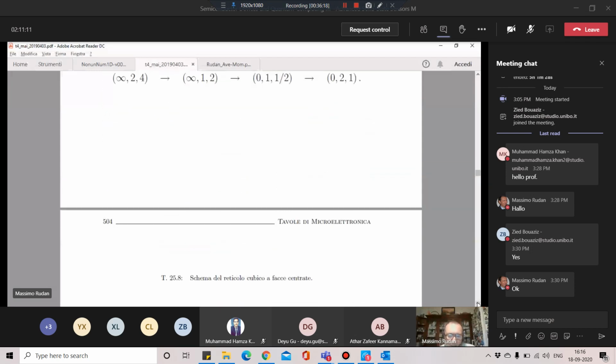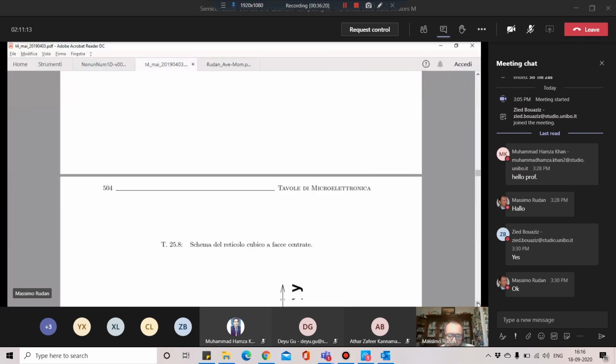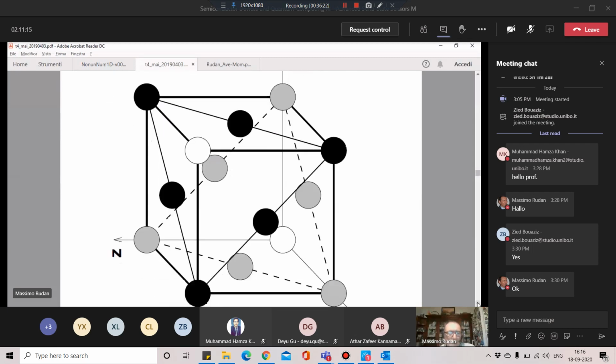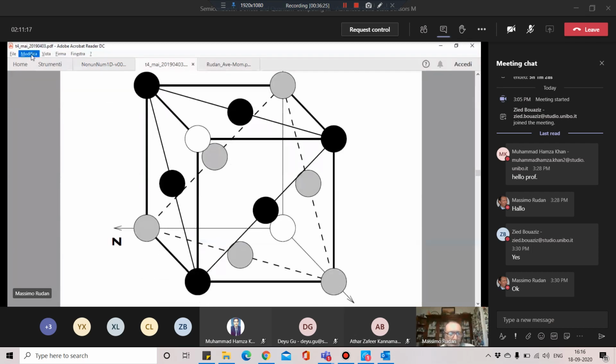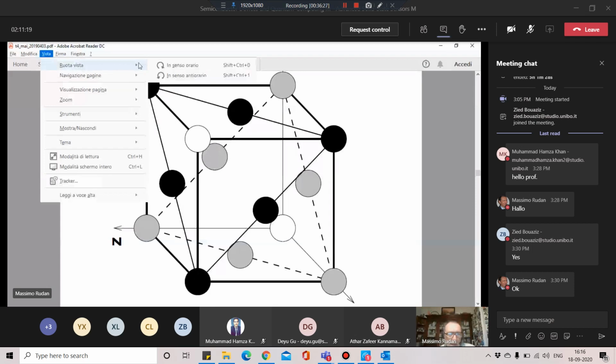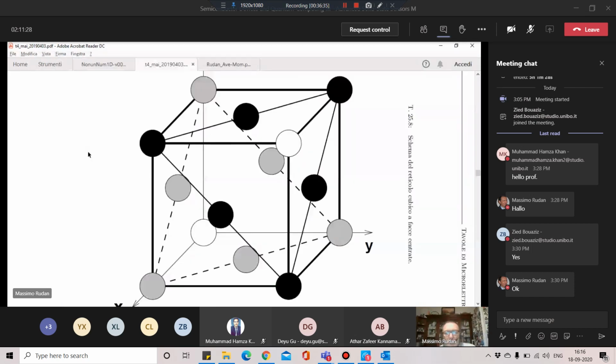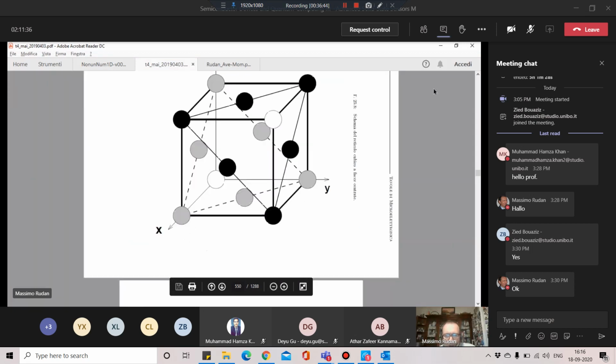Now we have to investigate a more realistic type of crystal. The question is, how is silicon made? So we consider this example. It is not yet silicon, almost.